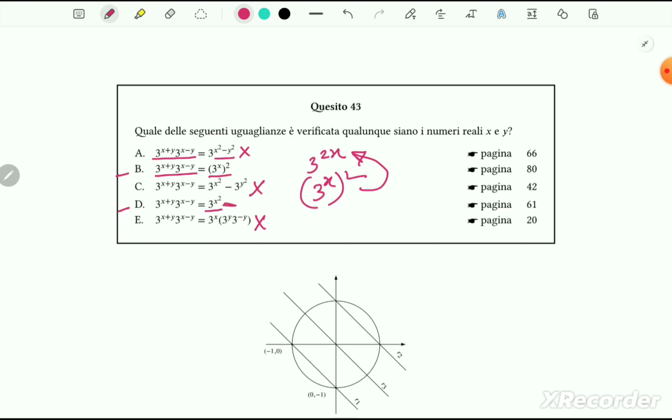But this one is not the same, because this 2 is actually the square of x, not of the 3. Therefore D cannot be the answer. We can simplify 3^(2x) to (3^x) whole squared, or we can even write 3 to the power x. That's also correct. Okay, so our option is B.